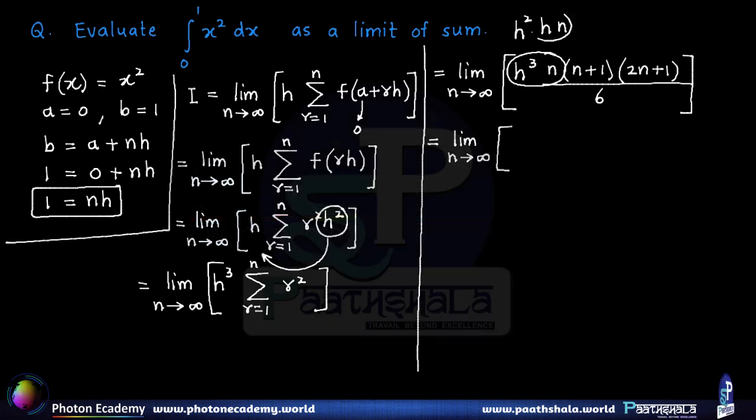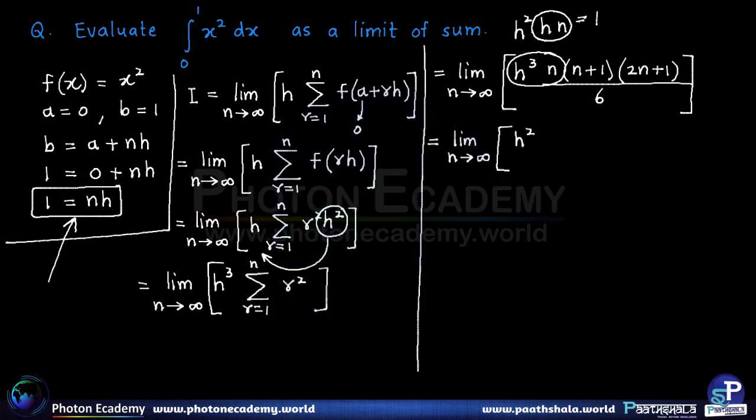So out of which nh or hn can be replaced with 1, because that is what we had found out already. So since nh is equal to 1, replacing that with 1, we are left with just h square upon 6 into n plus 1 into 2n plus 1.